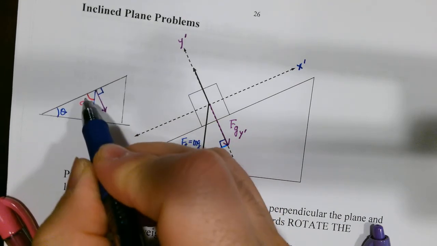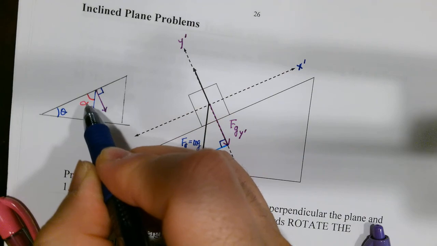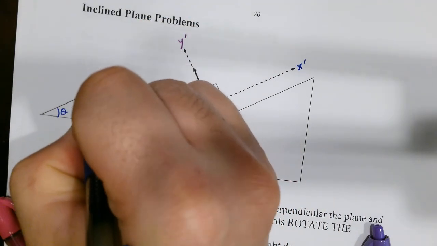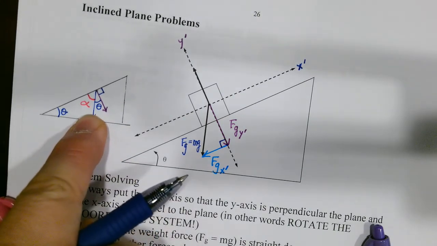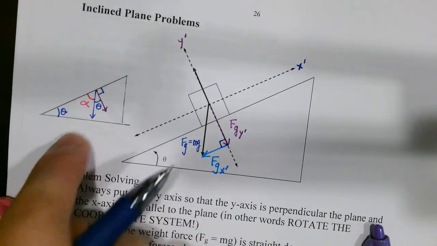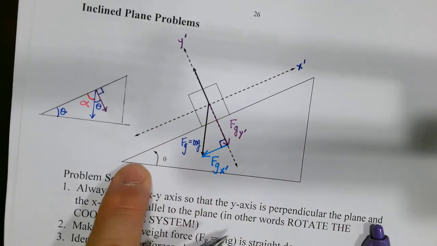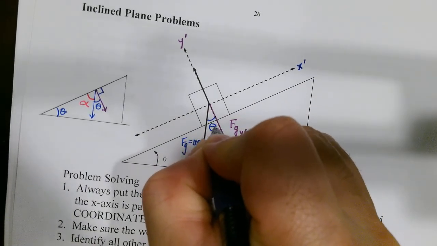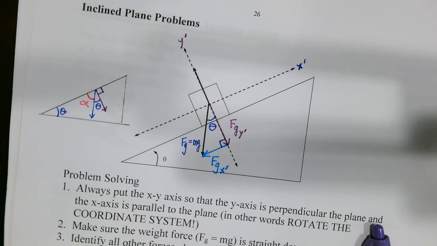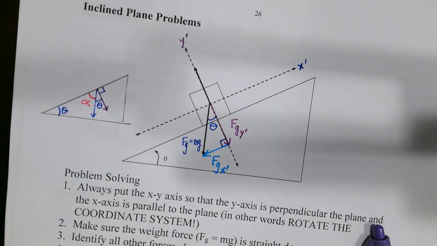And since theta plus alpha has to equal 90, this angle is also complementary to alpha. So this angle has to be theta. There's no negotiation on this. All right? So we just proved that this angle, the small triangle angle, and this angle have to be congruent. Now that we proved it, you don't have to keep proving it, you just use it. All right? So these thetas are equal to each other.